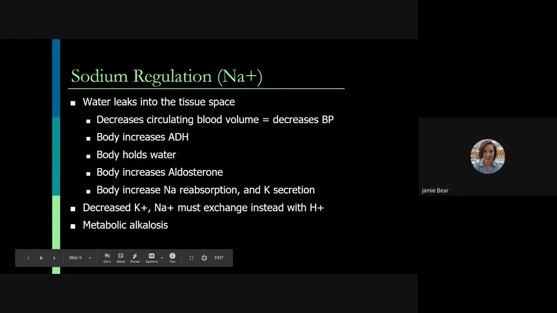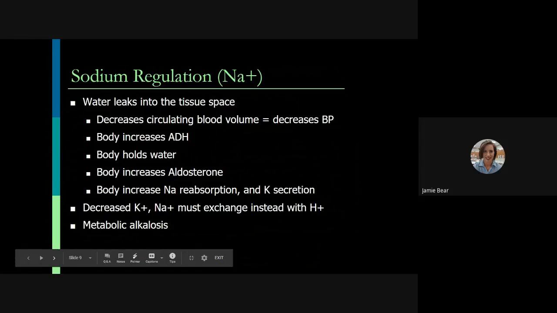In response to that, your body will then increase your antidiuretic hormone. It will hold water in. It'll increase aldosterone, which also leads to a reabsorption of sodium and water. And therefore, as a net outcome, your body will increase its sodium reabsorption and your potassium secretion into the urine.